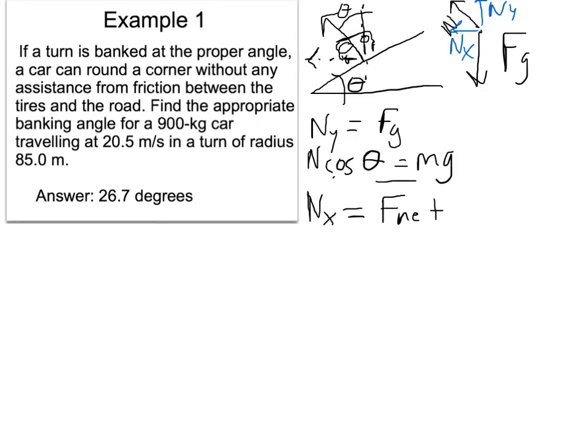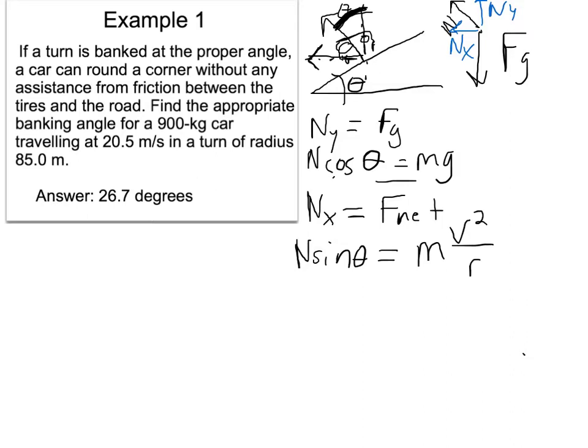We can also rewrite this to say that n sine theta equals the centripetal force, or m v squared over r. I got that out of dividing the normal force into its x component, which here would be n sine theta, because the way I drew my diagram, the angle here has the y part adjacent and the x part opposite.